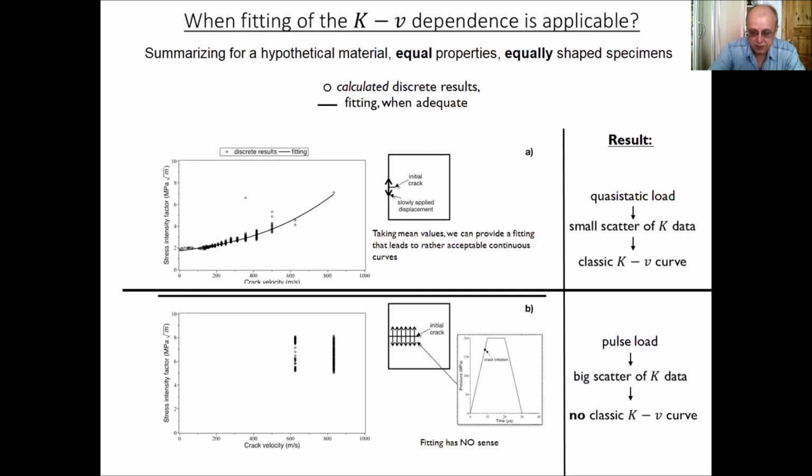Here the KV relation can be fitted due to small scattering, and you can get an acceptable continuous curve. But below is an extreme shocking loading of the sample. And here, what we see, the KV relation fades.